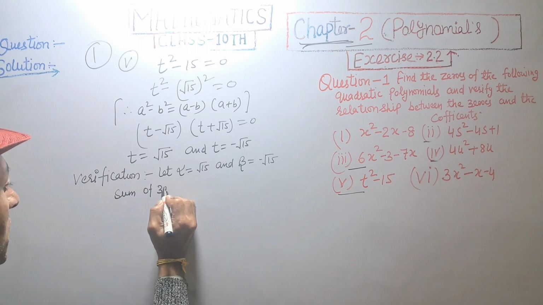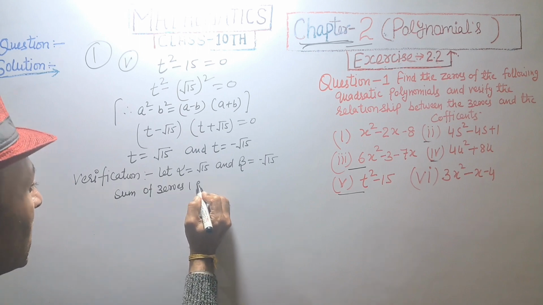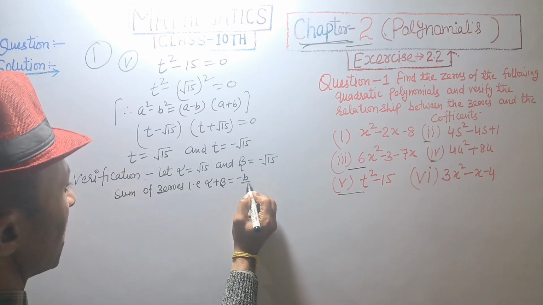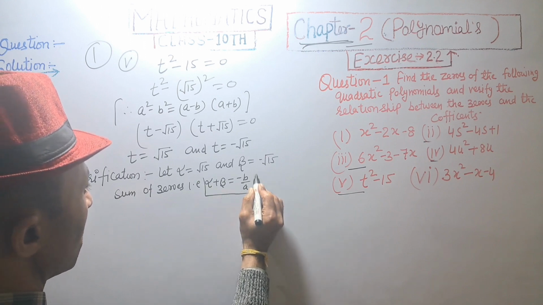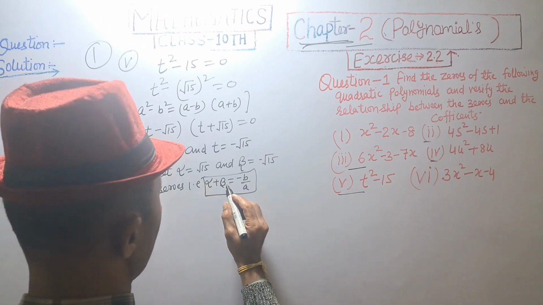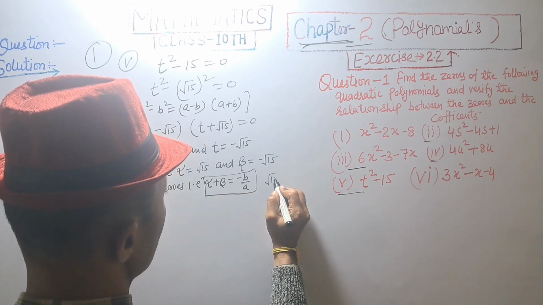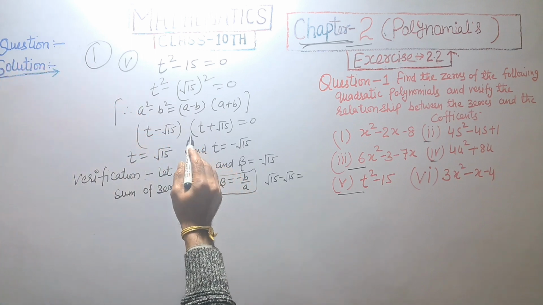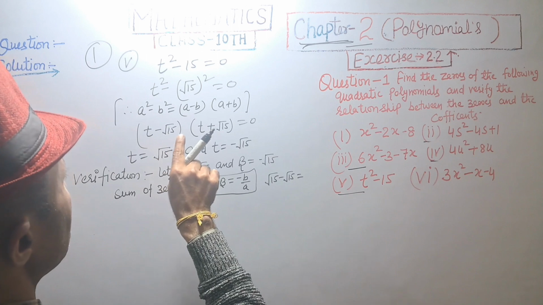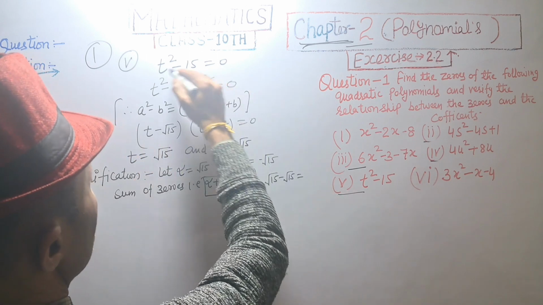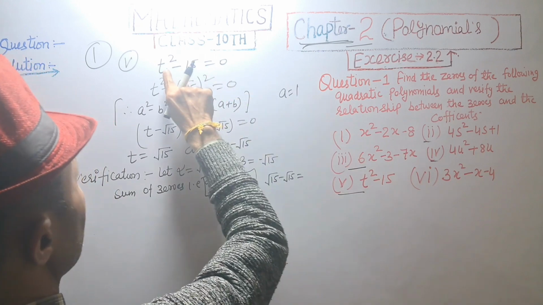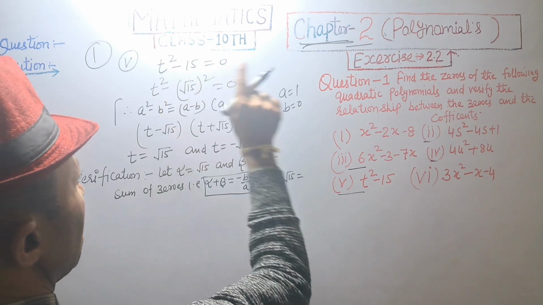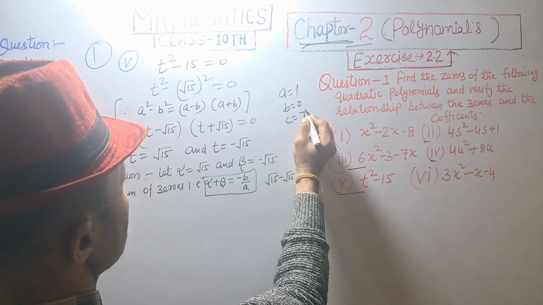Sum of zeros, that is alpha plus beta equal to minus b upon a. Alpha is root 15, beta is minus root 15, equal to value of minus b. a is equal to 1 and b is equal to 0 and c is equal to minus 15.